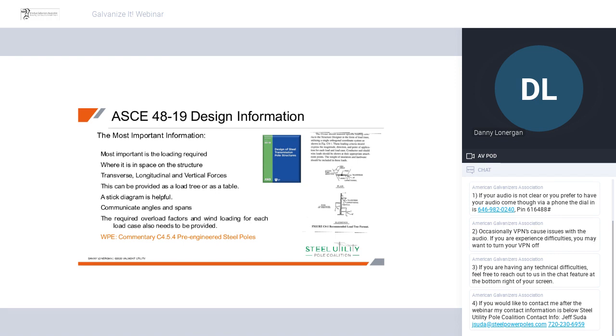So the key takeaway in this document, it is the beginning of the customer's request and or the customer specification. But ultimately, from a fabricator's perspective, as we are a fabricator and there's fabricators on the line, it's understood and expected that the customer, you know, they own their loads, they own their overload factors, they own their design criteria.